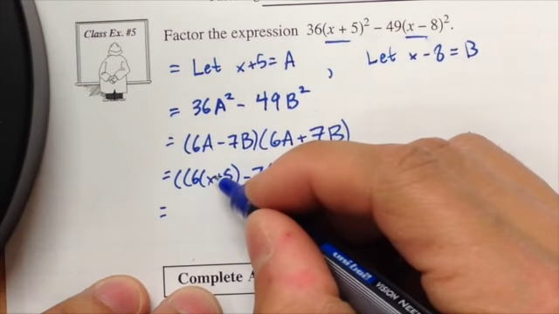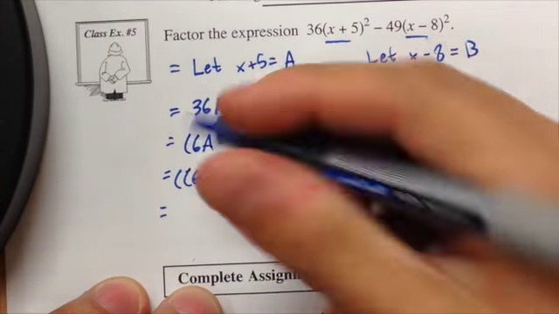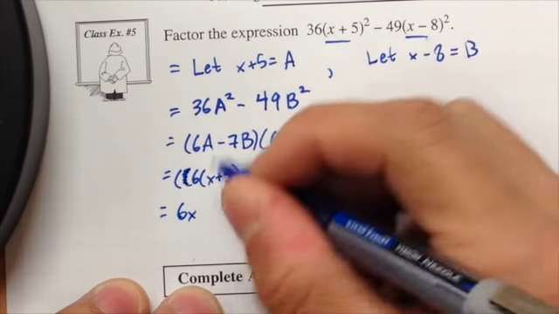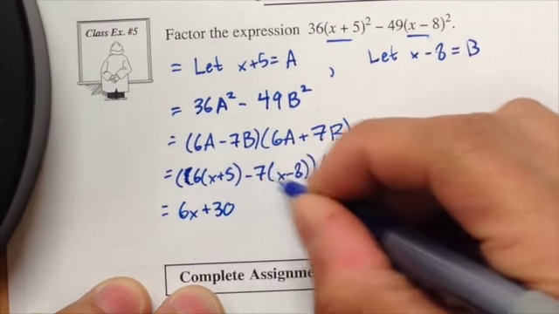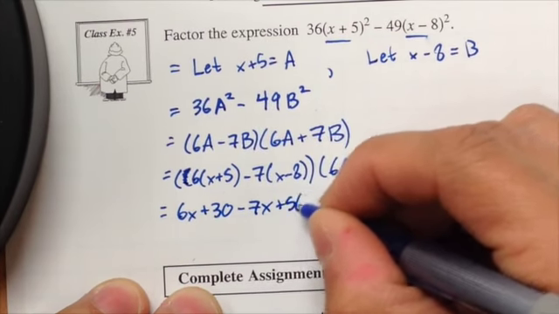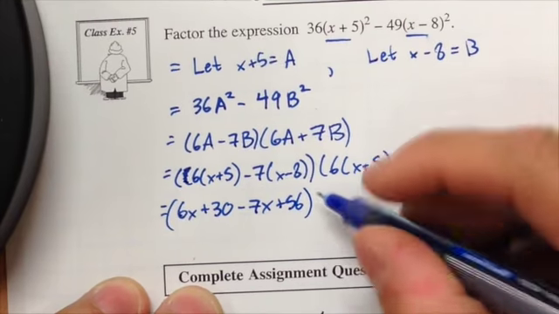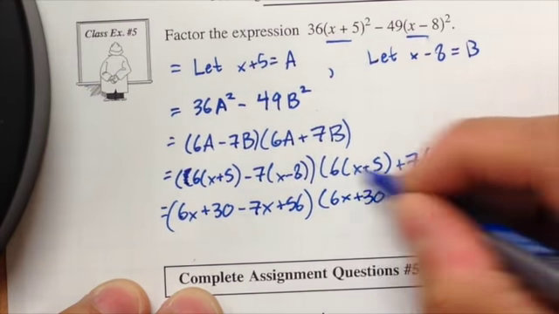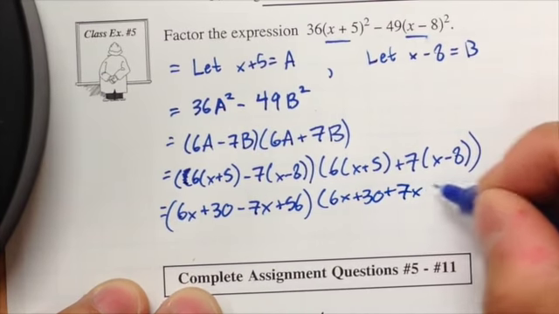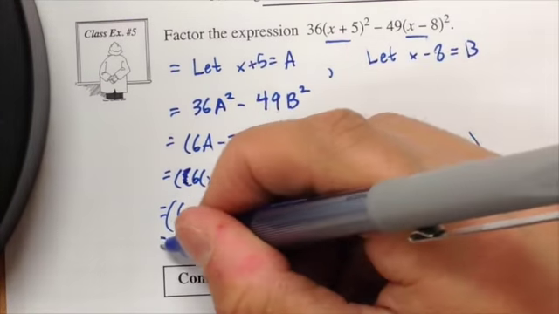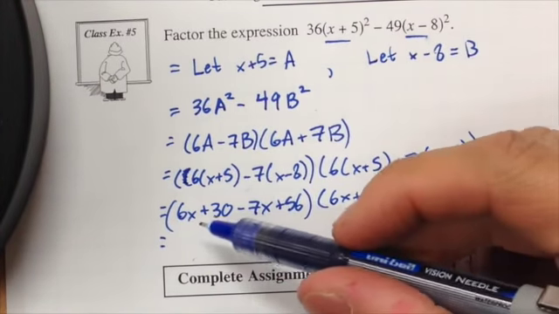Okay, so if we expand that, that's going to be 6x plus 30 minus 7x plus 56. And then on this side we'll have 6x plus 30 plus 7x minus 56. Okay, now from here we need to add our like terms.